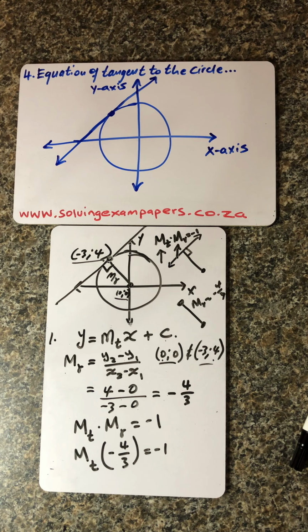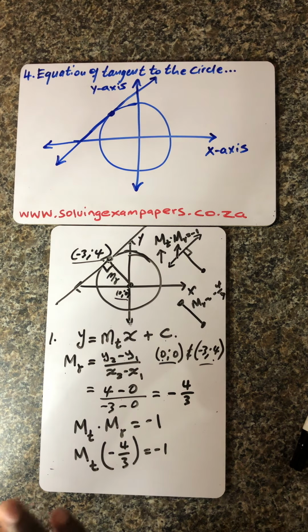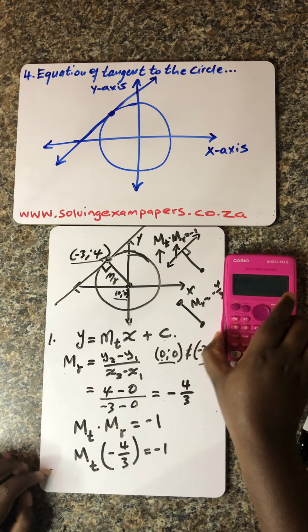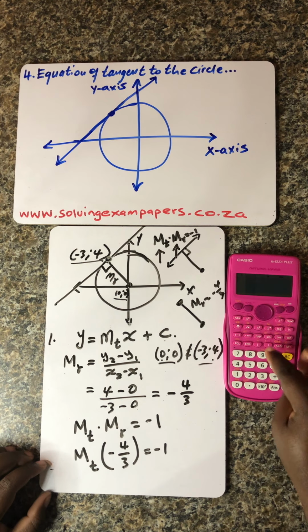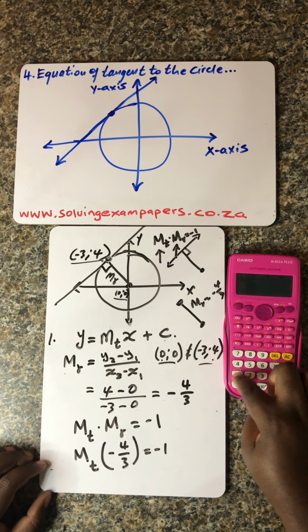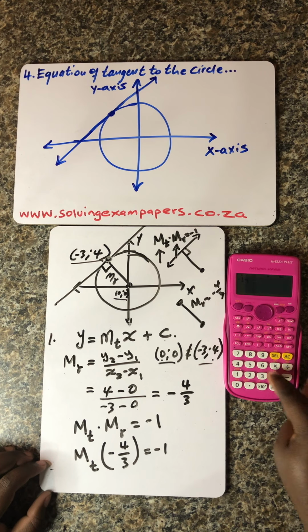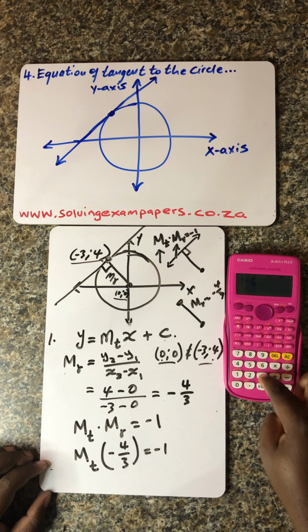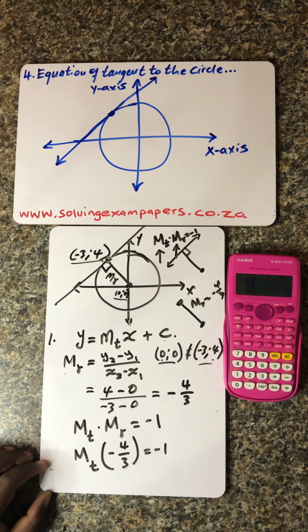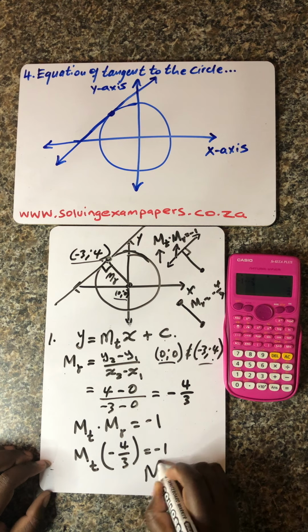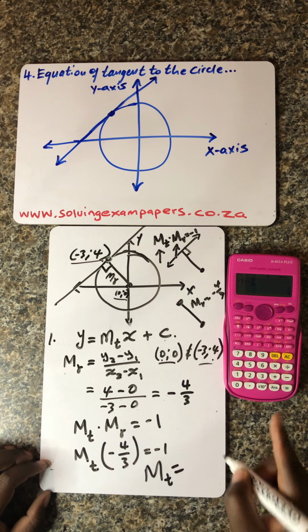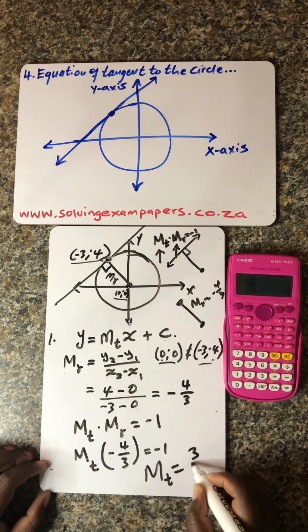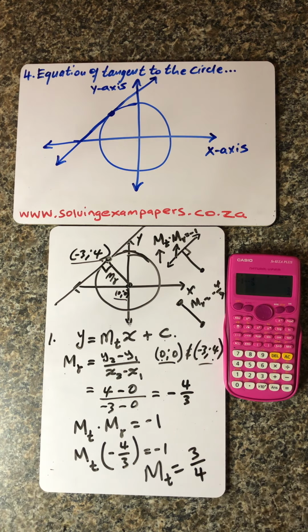I've got my pink calculator. Let's calculate: negative 1 divided by negative 4 over 3, and I'm getting m of t as positive 3 over 4.